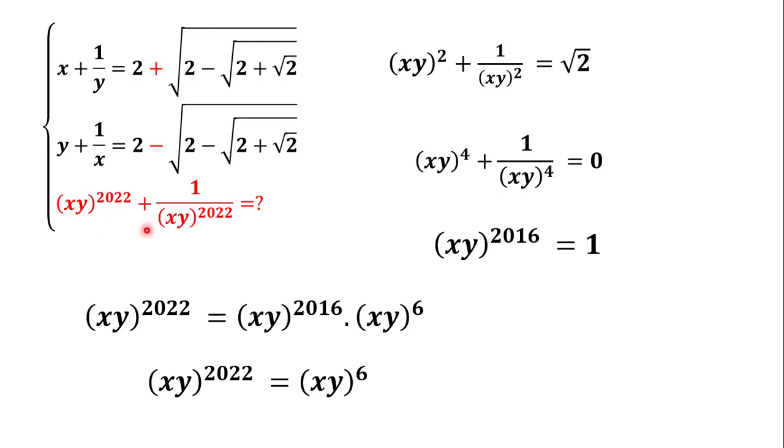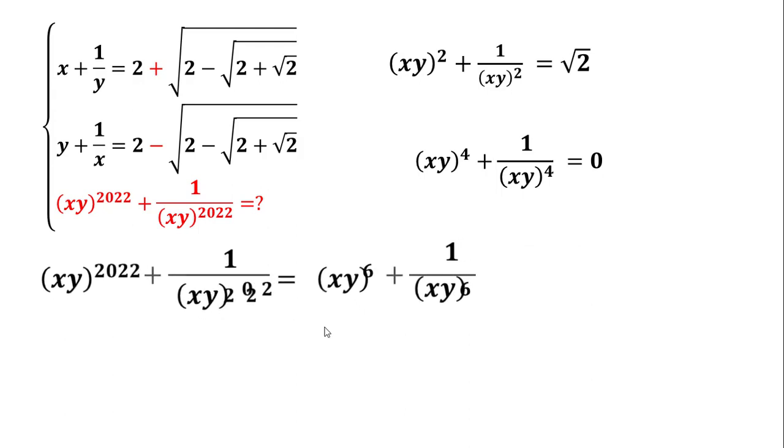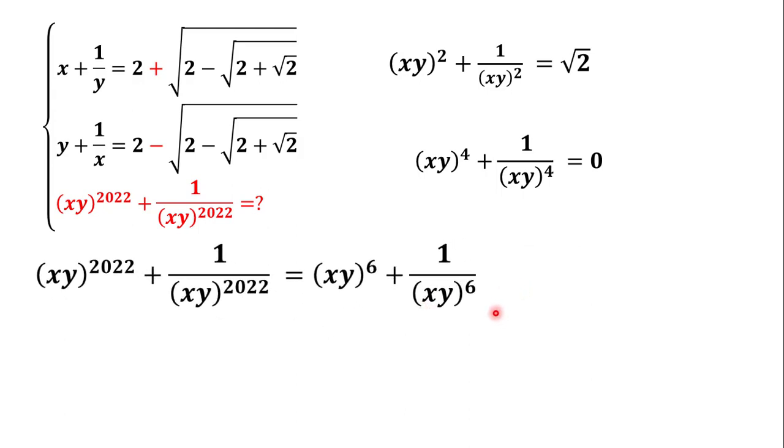So we can say this expression equals (xy) to the power of 6 plus 1 over (xy) to the power of 6.